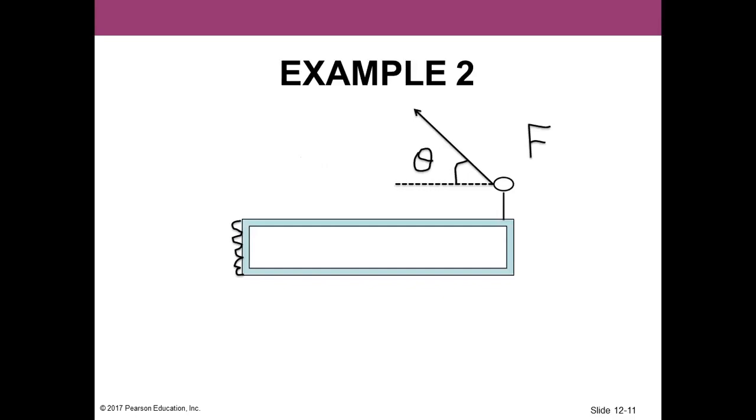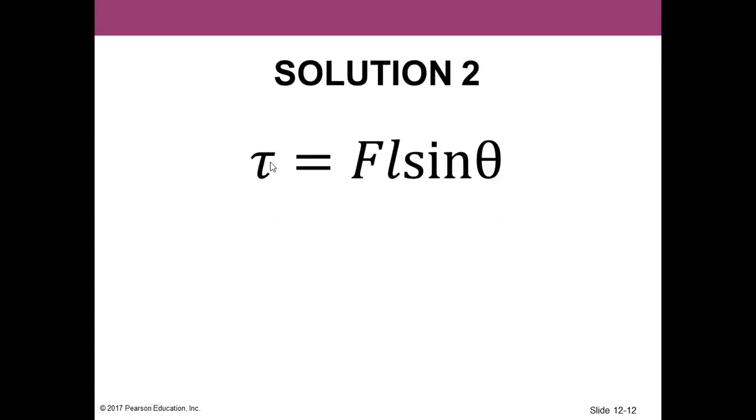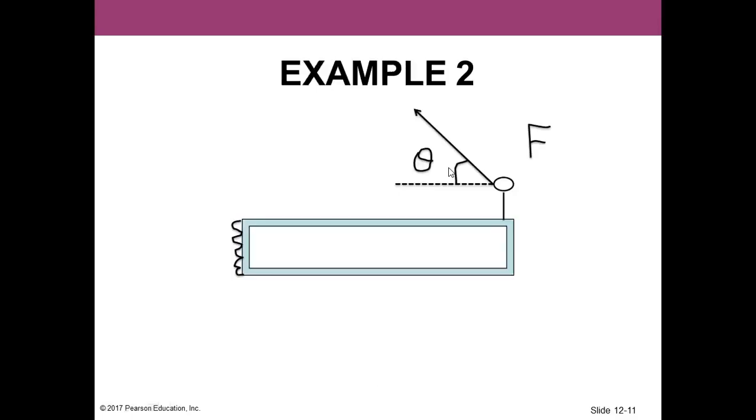Let's consider the second example. Again, we have a door here and a hinge about which the door rotates. Then we have the force now that is acting at an angle. So in this case, we have the torque which is equal to F times lever arm times sine of theta.